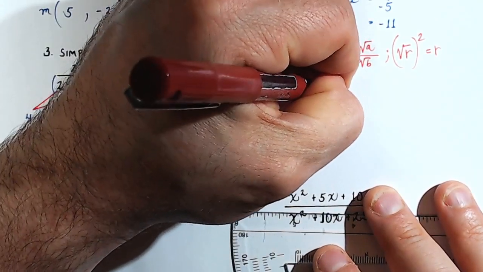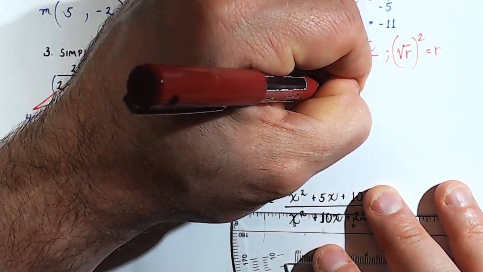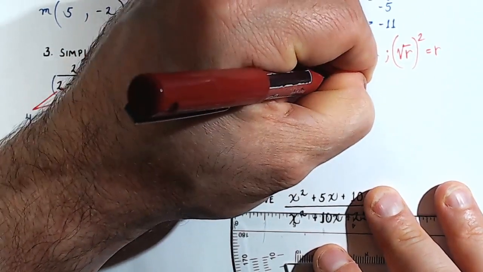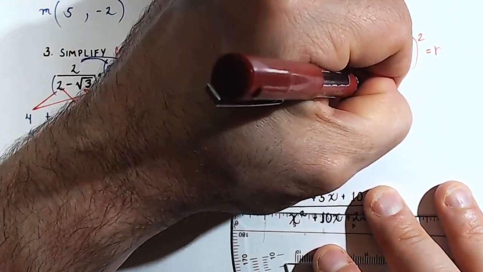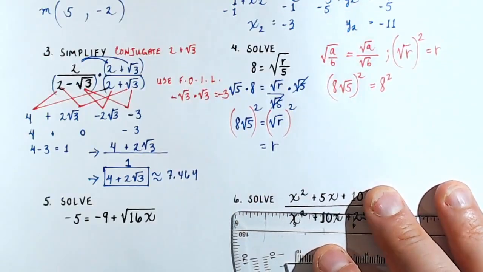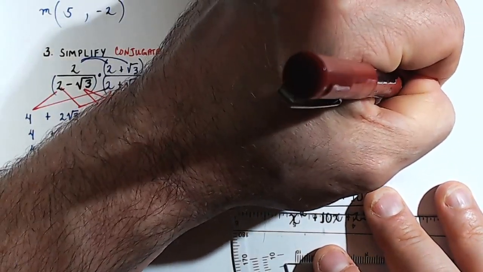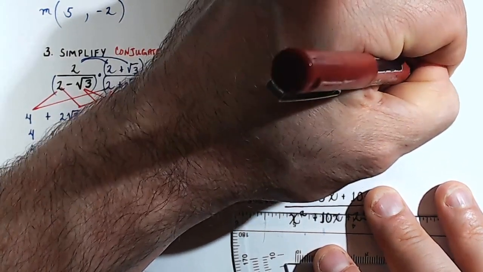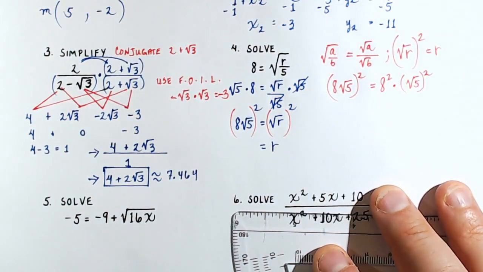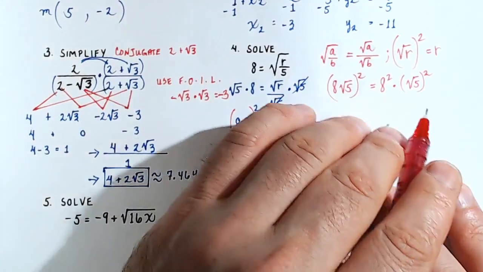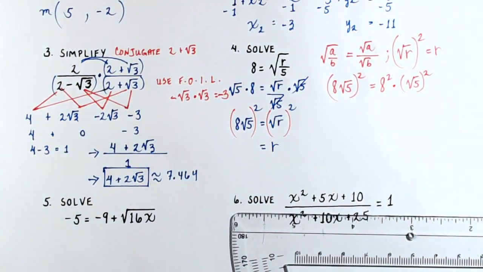Let's take 8 square root 5 and let's square the whole thing. This is equal to 8 squared times the square root of 5 squared. And we already know that when I square a square root, the square root just goes away.